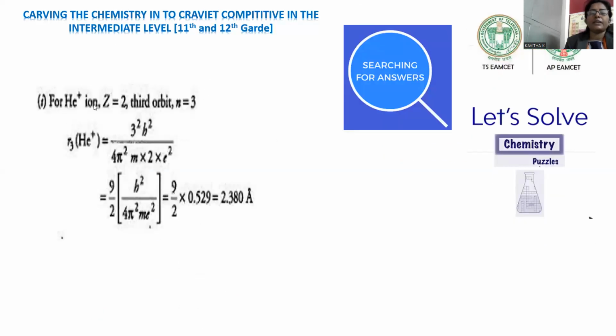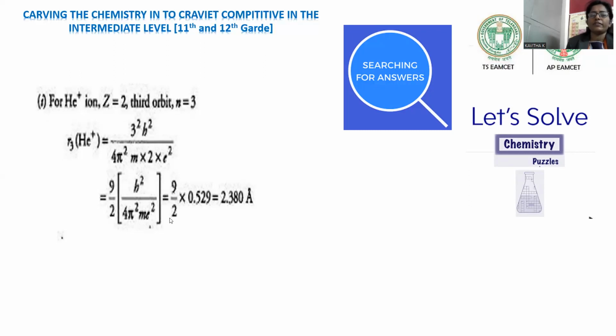In the case of the helium plus ion, Z is equal to 2. Z means atomic number, and for the orbit lying in the third level, n is equal to 3. If you apply the formula n squared h squared by 4 pi squared m Z e squared, with n value 3, it becomes 3 squared, h squared by 4 pi squared m Z e squared, and Z value is 2.